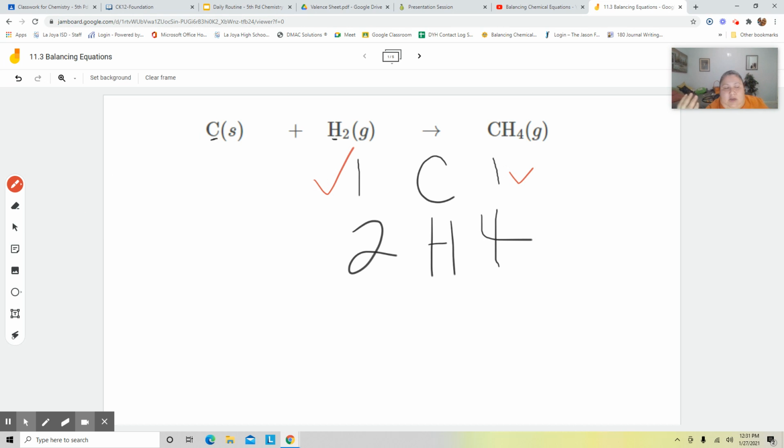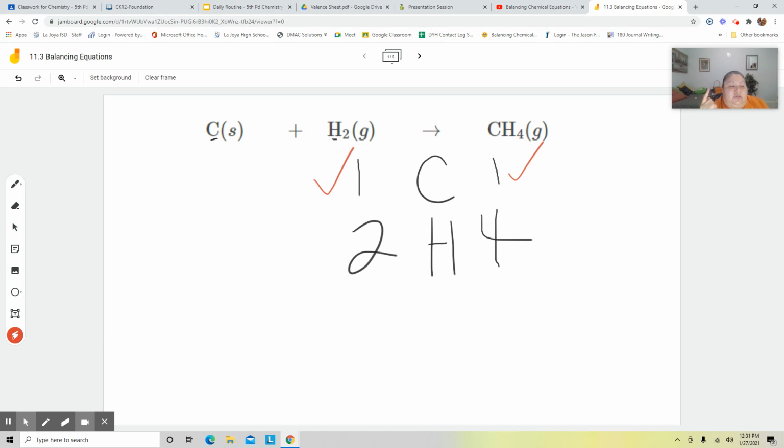I got 1 and 1. I'm not going to mess with that. If something is already balanced, you skip and you move on to something that is not balanced. Or in this case, hydrogen, right? Look at hydrogen. I got 2 here, I got 4 here. That's not balanced. I don't have the same number.